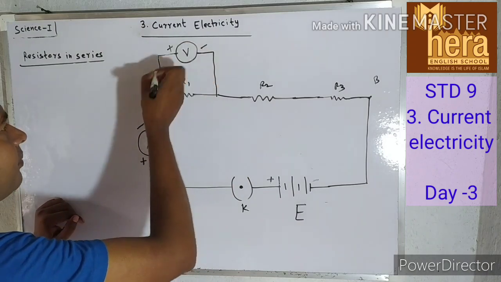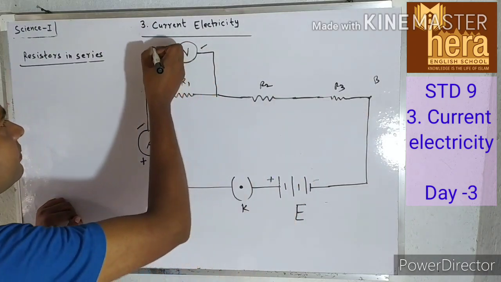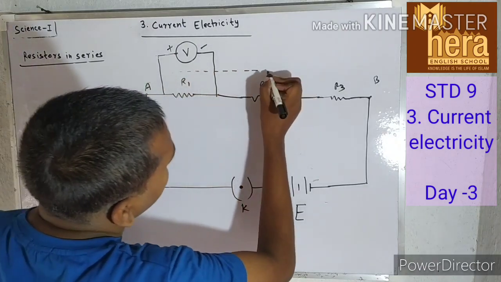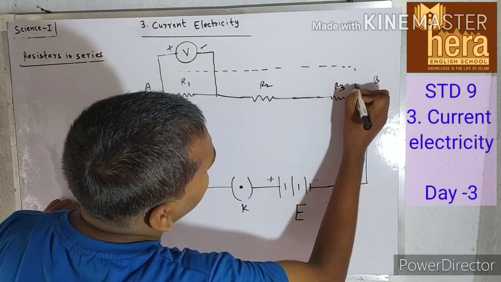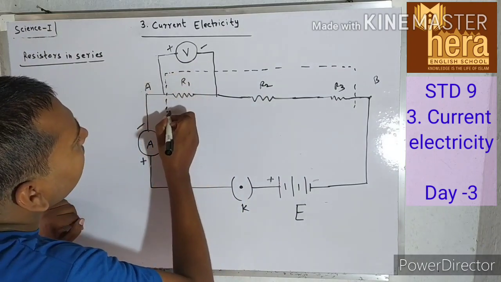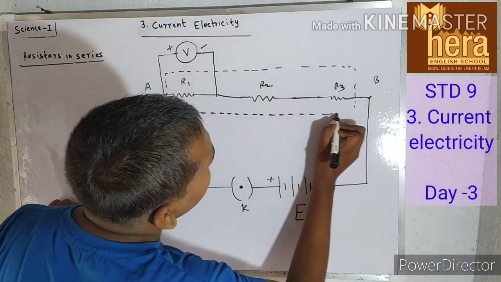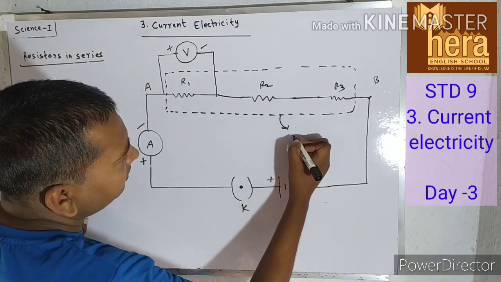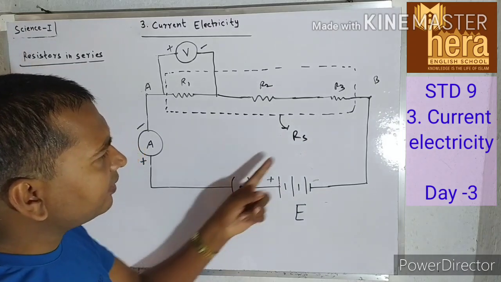Say total resistance between point A and B. This is the total resistance, or equivalent resistance, or effective resistance between point A and B. Say this is RS. Why S?